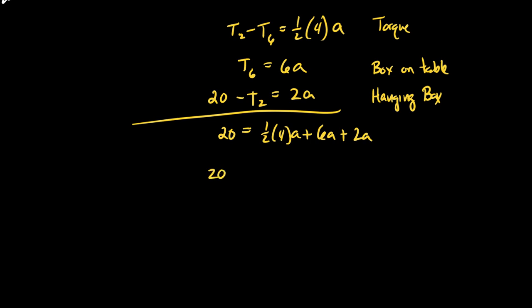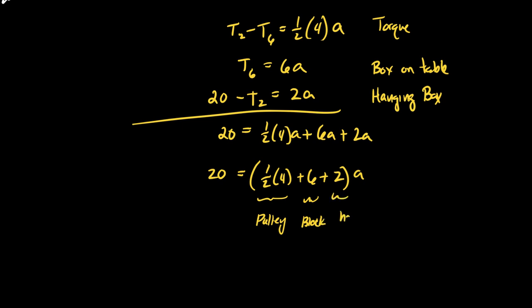20 is the unbalanced force. 1/2 times 4 plus 6 plus 2, times a. This is the pulley. This is the block. And this is the hanging block. Do you see what this looks like? I mean, I'm trying to throw it in your face. I'm hoping you're putting it in your notes.